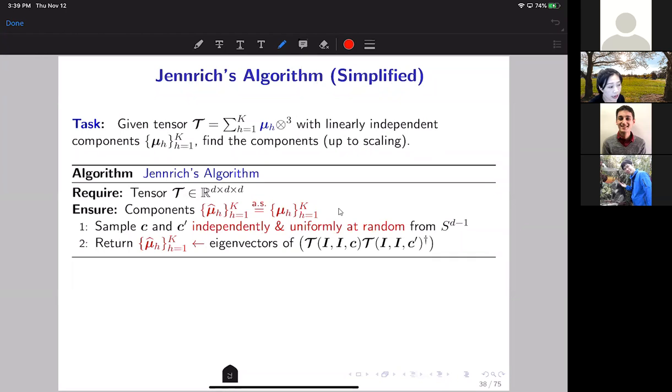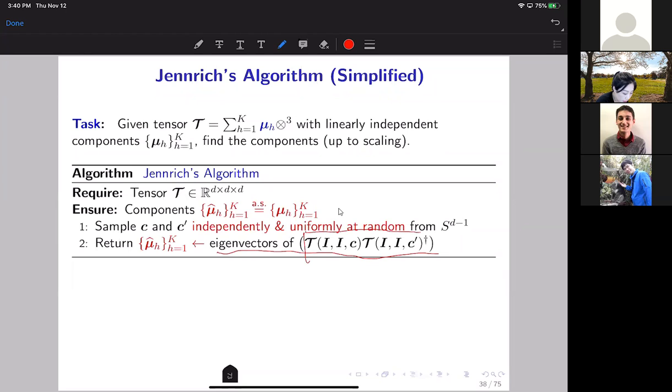It has 2 steps. One is you sample C and C prime independently and uniformly at random from a sphere in d-dimensional space. Okay, so you sample those 2 vectors, C and C prime, and then you are going to do the following thing. So you're looking at the eigenvectors of this tensor.